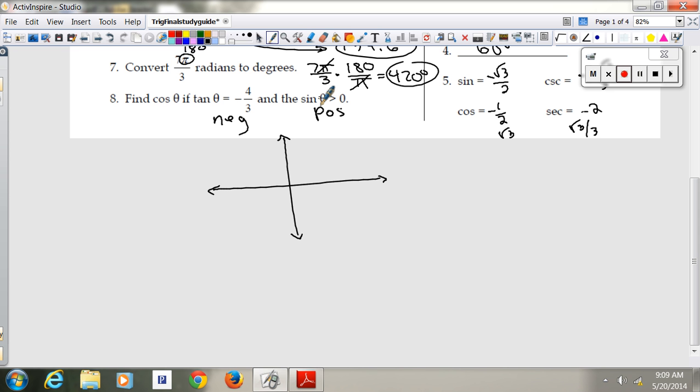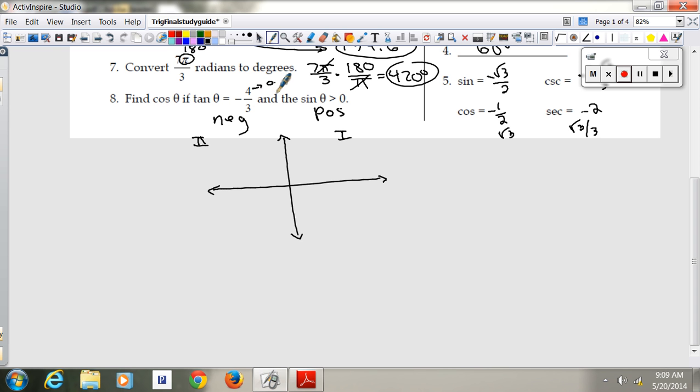The sine represents your y coordinates, and the y coordinates are always positive above the x-axis. So it's got to be either quadrant 1 or 2. Well, what do we know about quadrant 1? Everything's positive there. What do I have? This right here is going to be a negative tangent. So could I be in quadrant 1? No, I can't, because it's got to be a negative tangent. It's got to be in quadrant 2.